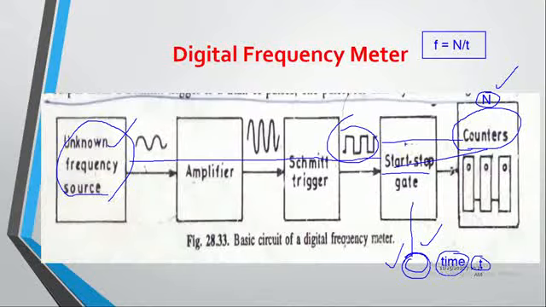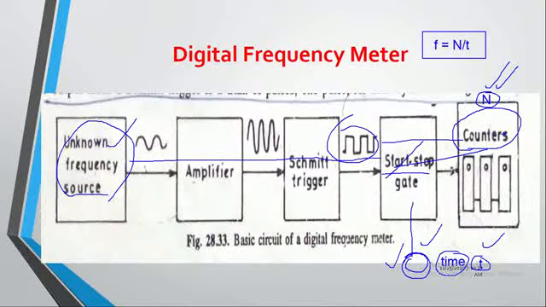Whether the switch is open or closed is decided by the control signal. I'm assuming that this switch is closed for time period t, and within this time period the number of pulses counted by the counter is N. After time period t, I open the switch, and obviously the pulses won't be fed as an input to the counters.